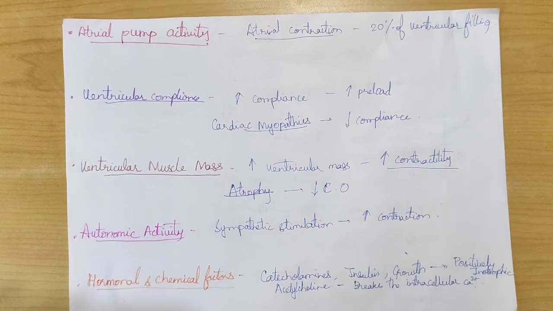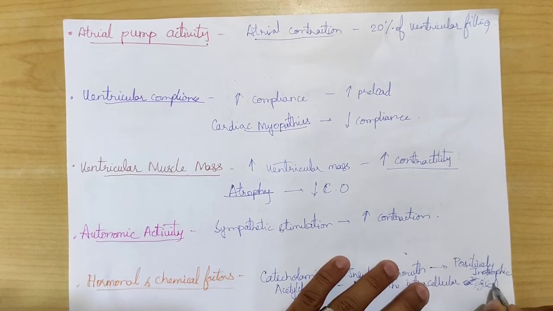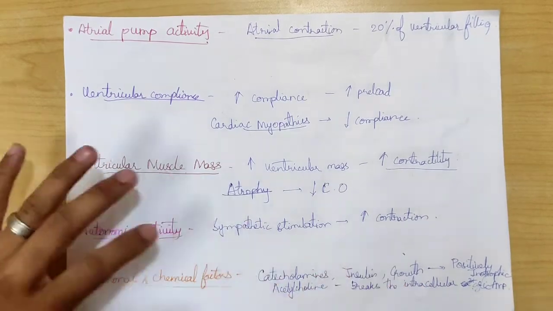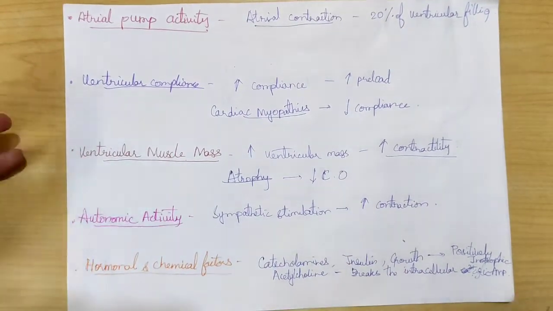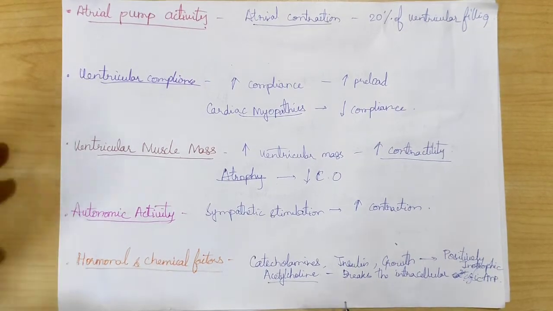This decreases the myocardial contractility by breaking down the intracellular cyclic AMP. The decrease in the intracellular cyclic AMP decreases the contractility of the heart. So acetylcholine decreases the cardiac output by decreasing the myocardial contractility.